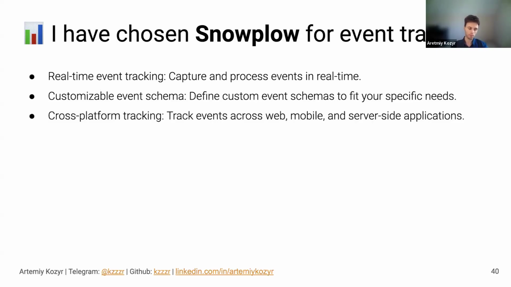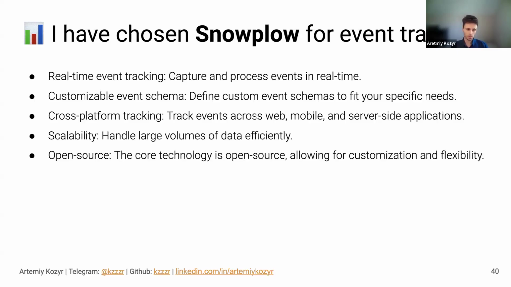Snowplow has multiple trackers, different programming languages across multiple platforms, like web, mobile, and server-side applications. It's scalable and it's open source. It actually has a paid subscription, which is fancy with the UI. But it also has its open source core version. It allows you to use it and customize it on your own.